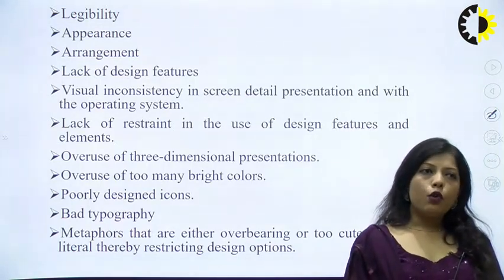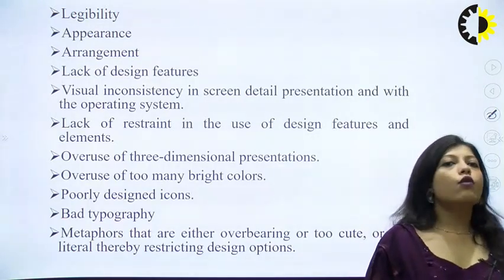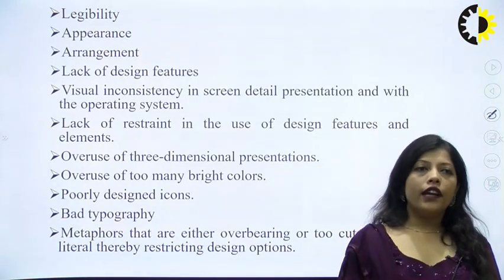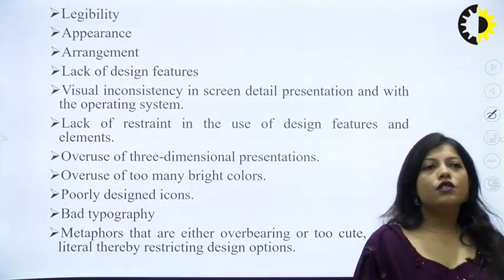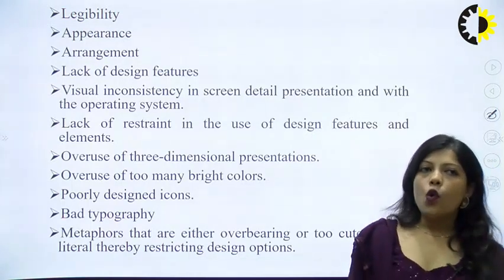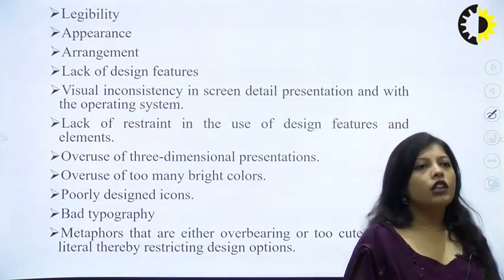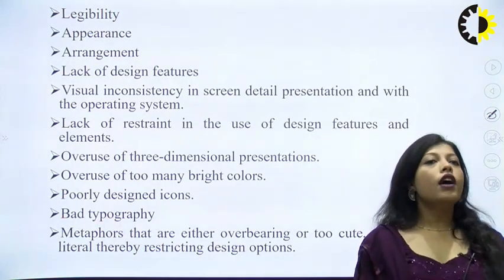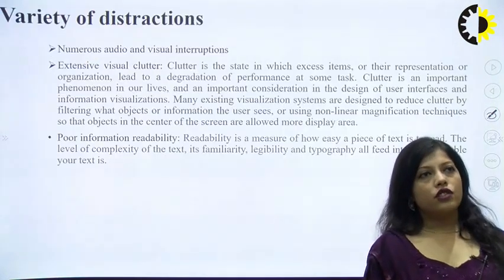Next is bad typography, means typing errors, you are not typing properly. So bad typography is also a variety of distractions. Metaphors that are either overbearing or too cute also restrict the design options. So these are some varieties of distractions.